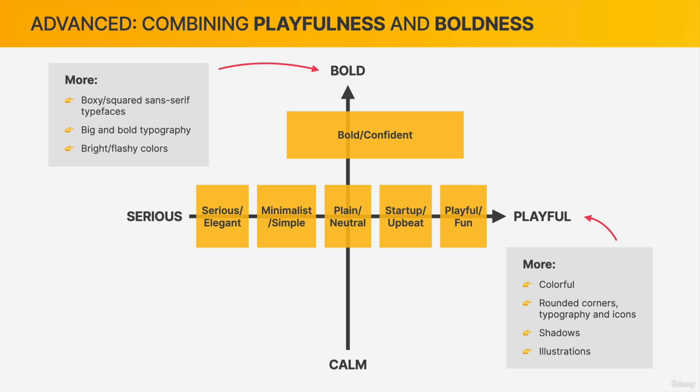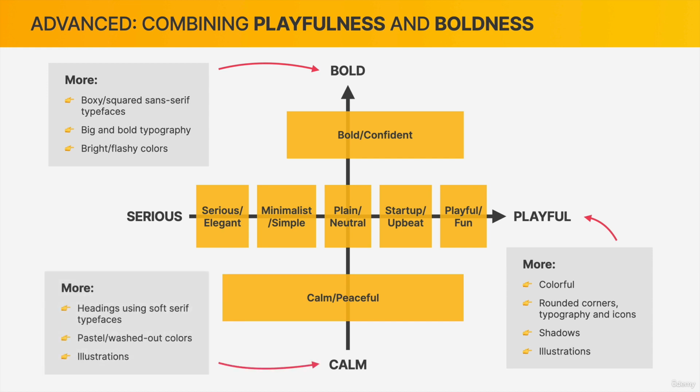And the boldest personality is of course the bold and confident personality. Then on the other end of the spectrum, we have of course the calm and peaceful personality. And as we also learned, the calmer the design is, the more the headings use soft serif typefaces and washed out colors and illustrations.